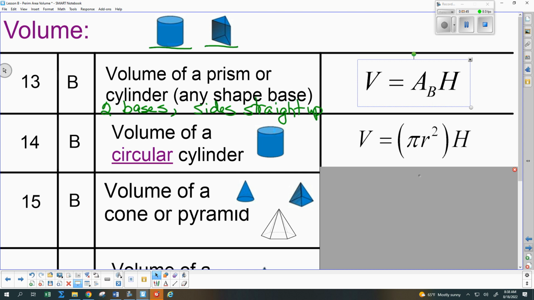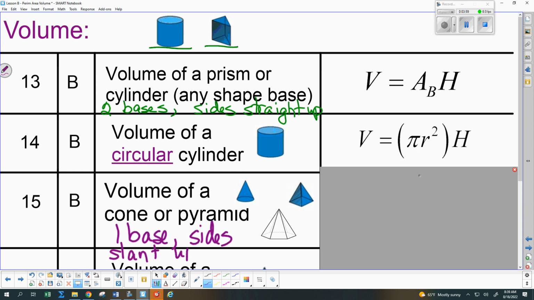So that means I have shapes like you see in these pictures, where I have just one base and the sides slant up to a point. Now, I'm wondering how the volumes are related for a cone or pyramid compared to the area of the base times the height one that we just talked about.